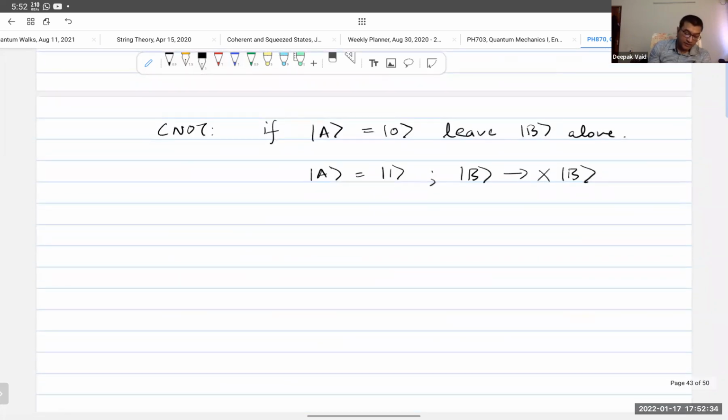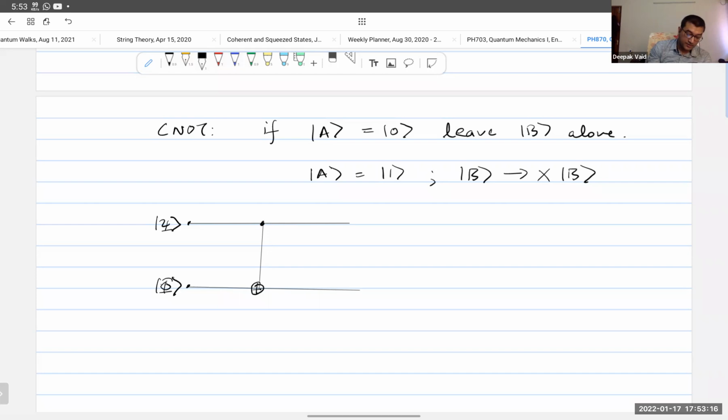But life becomes more interesting once you realize that in general, these input states need not be 0 or 1. They can be some superposition of 0 and 1.